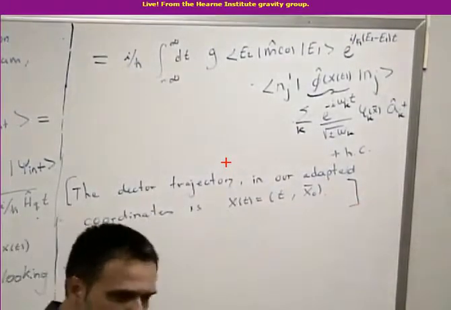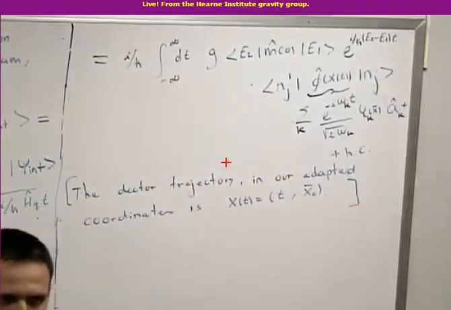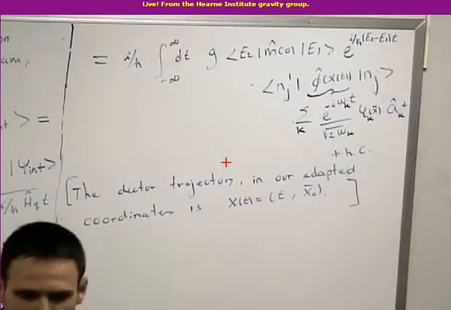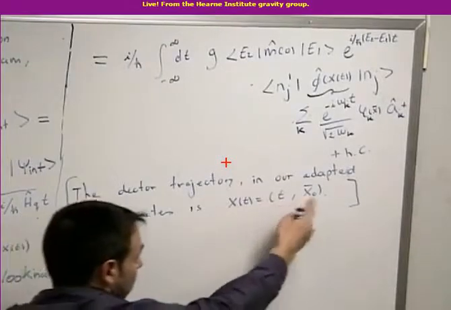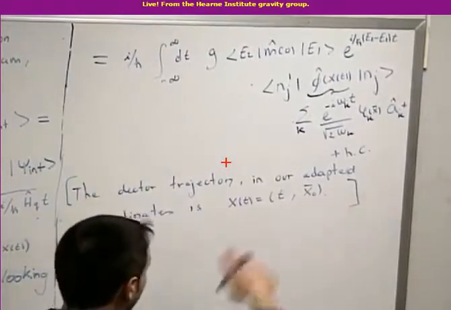The detector moves along one of these Killing trajectories, and we are adapting coordinates to it, so the position of the detector is fixed. The only thing is that the time is changing, and it changes with it. So x is just some fixed x naught.